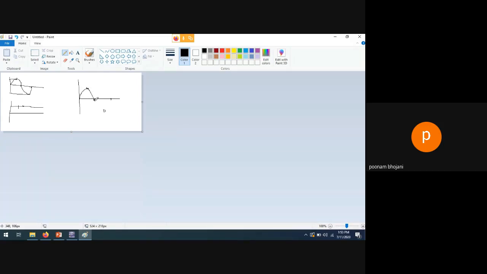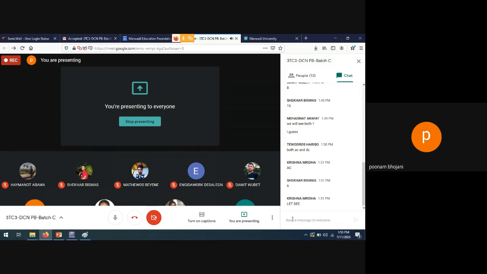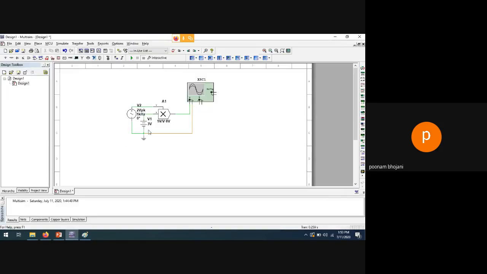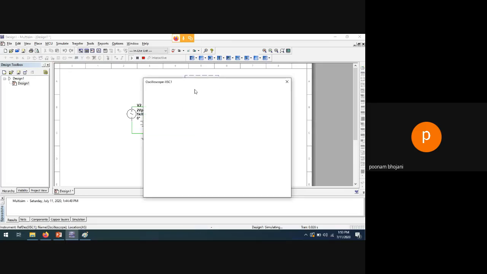So I will get this type of sine wave signal which has the peak values 6 and minus 6, everyone. So Shekhar is right. What you are multiplying are values, not the signal. At every point of time, the values of the signal and the values of DC will be multiplied, and you will get this type of signal.